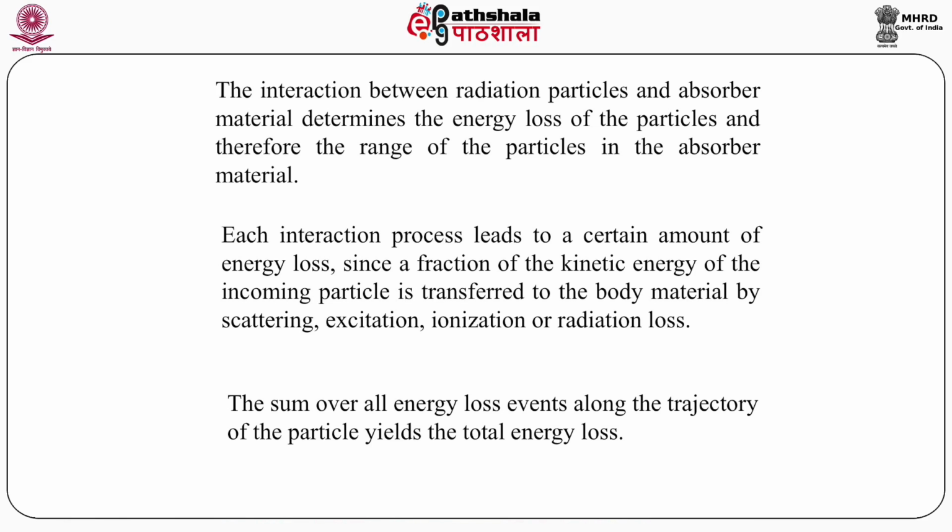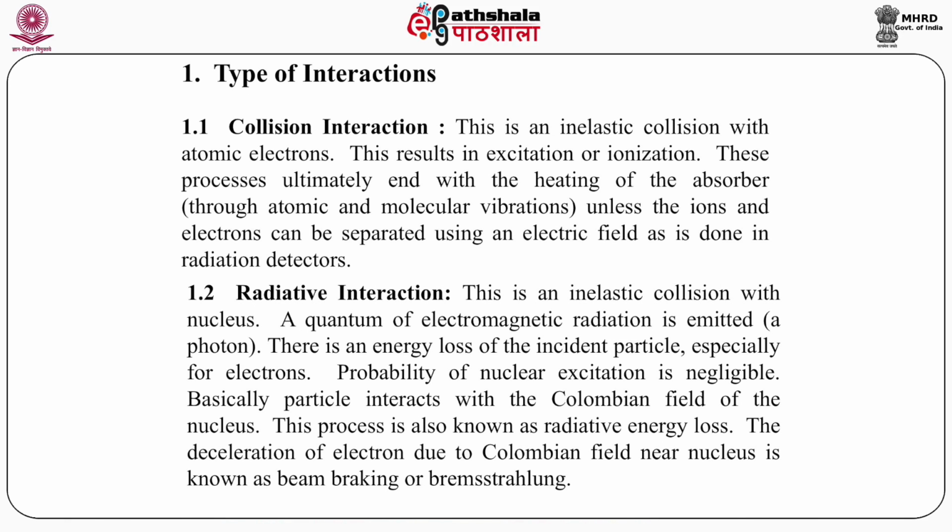Each interaction process leads to a certain amount of energy loss, since a fraction of the kinetic energy of the incoming particle is transferred to the body material by scattering, excitation, ionization, or radiation loss. The sum over all energy loss events along the trajectory of the particle yields the total energy loss. Now, various types of interactions.